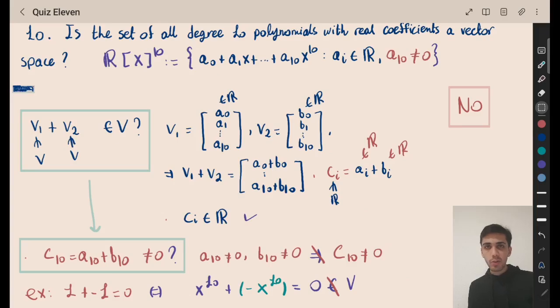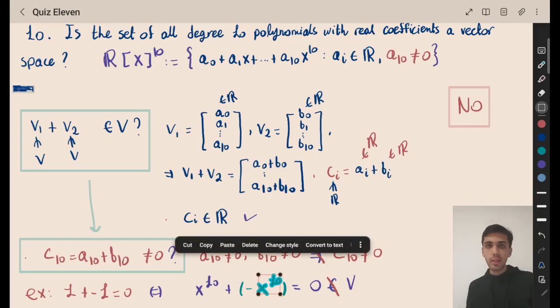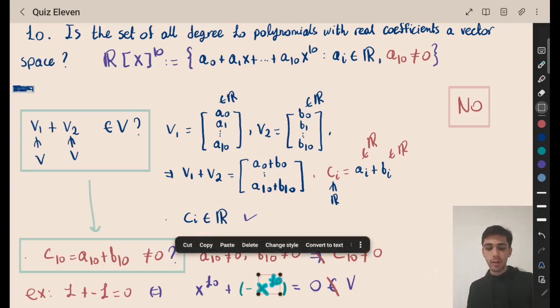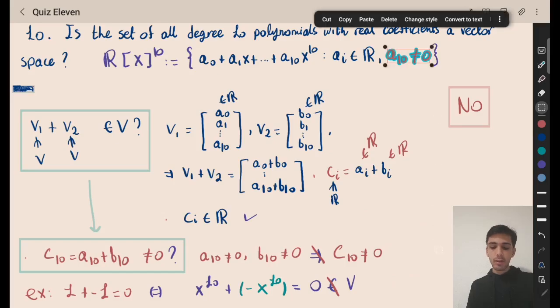But perhaps what I was trying to say is that really for any polynomial, if you choose any two polynomials, there's always a constant which I can scale the first polynomial by to cancel out the other constant, which is the coefficient of x to the 10. So I can violate this A10 condition in every single way you could think of.